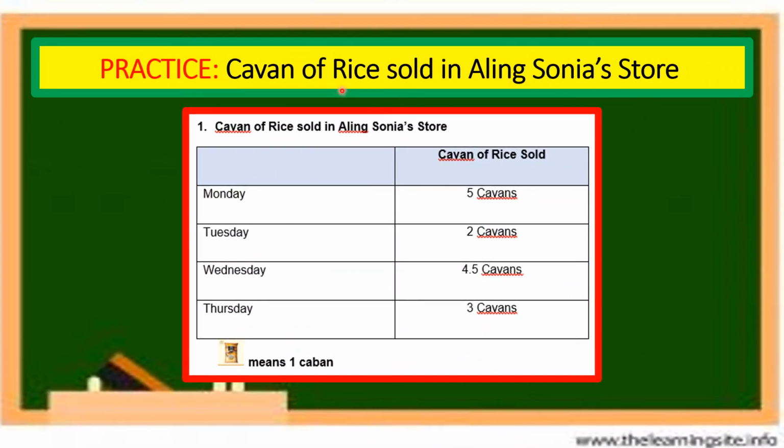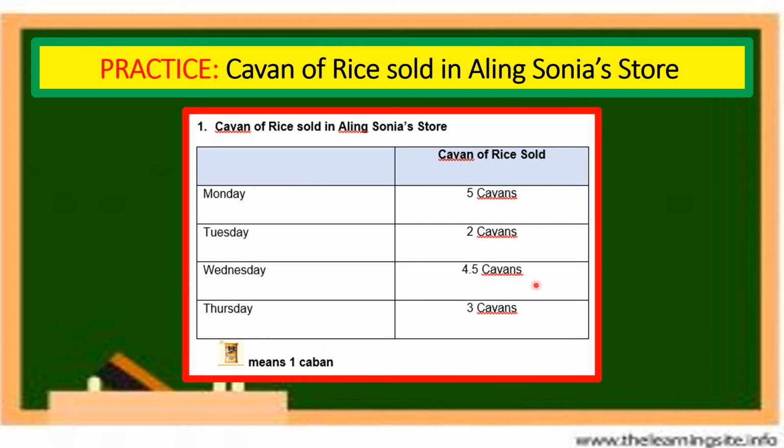Kaban of rice sold in Aling Sonia's store. So 1 sack is represented as 1 kaban. So 5 kaban, so 5 sack. Tuesday, 2 kaban.